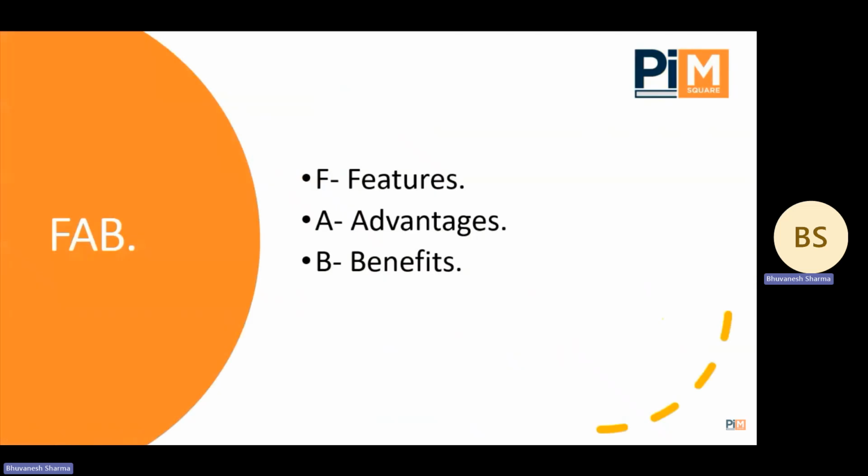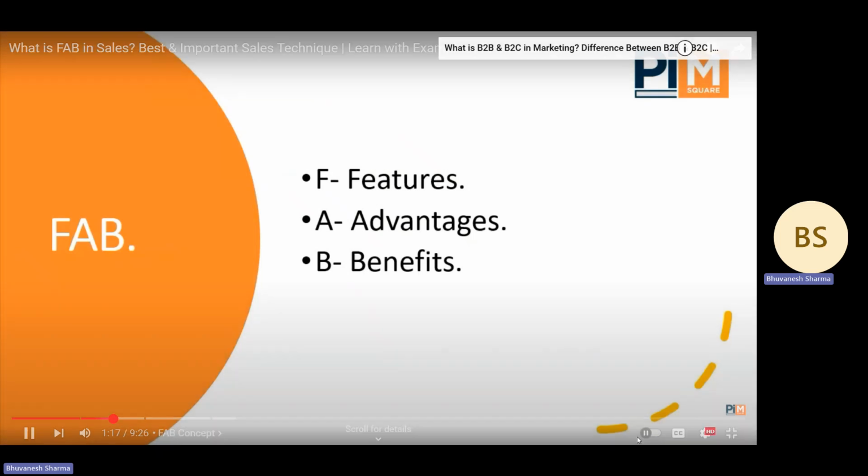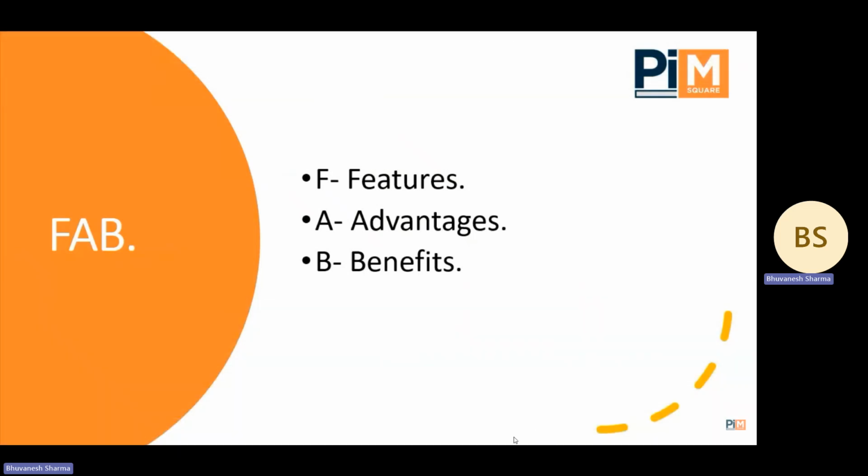So FAB: F is features, A is advantages, B is benefits. The FAB statement or FAB concept is a part of the sales process, where you can utilize the product's features, advantages, and benefits to convince your customer as well as to sell your product or services, because it is not just that your product has x number of features.